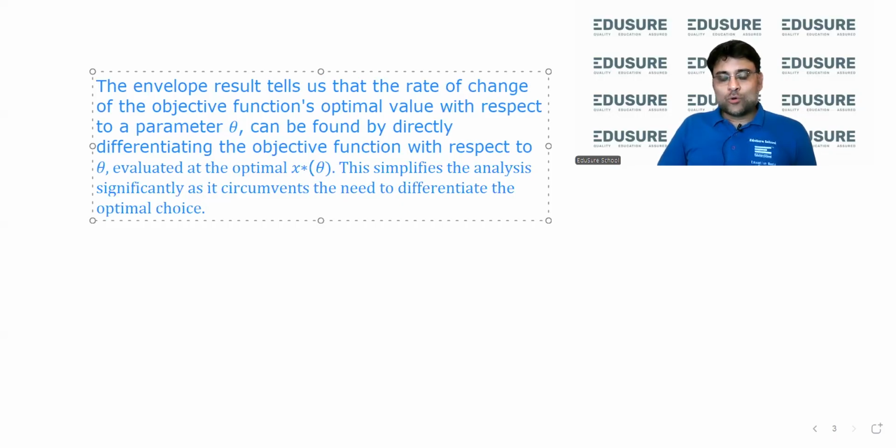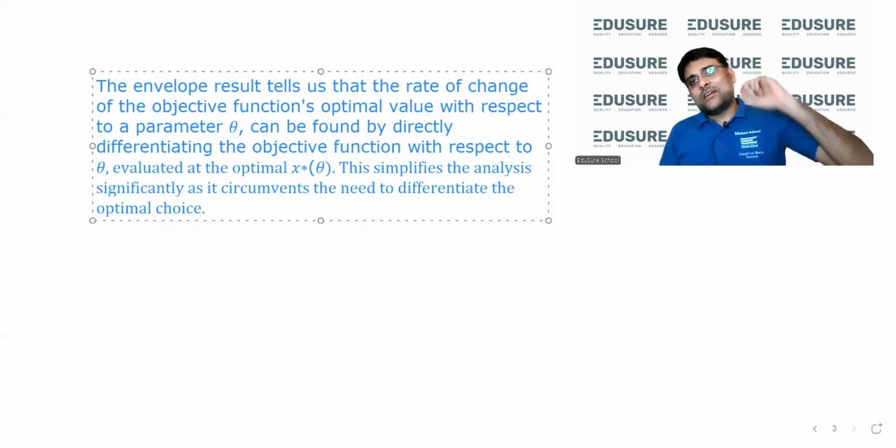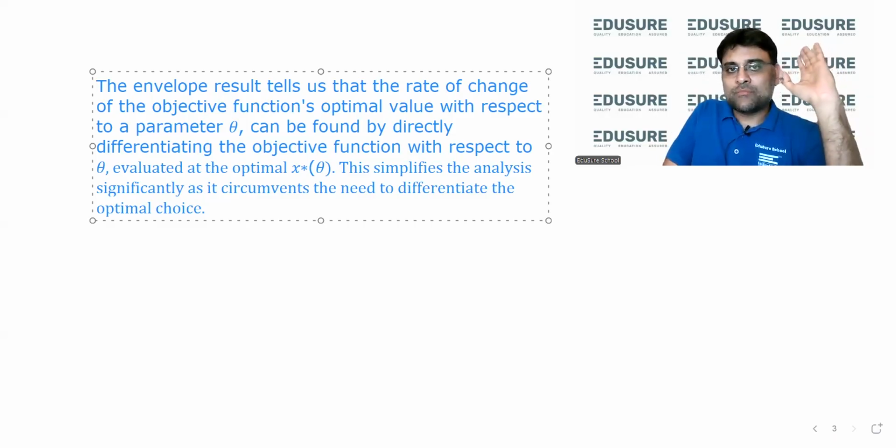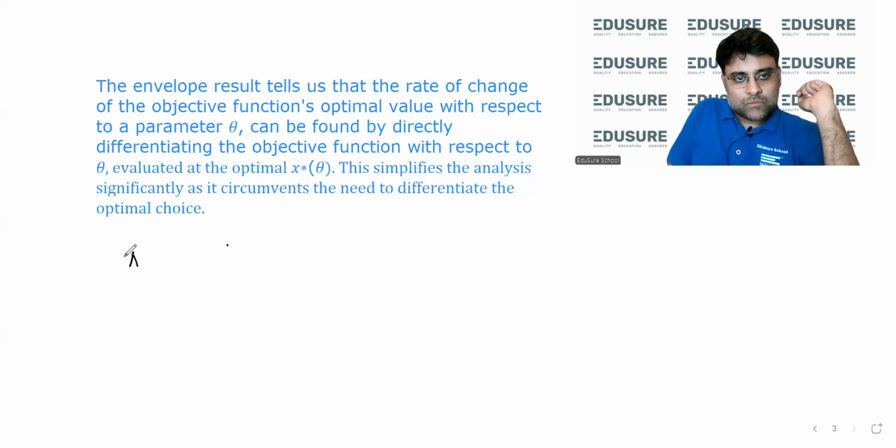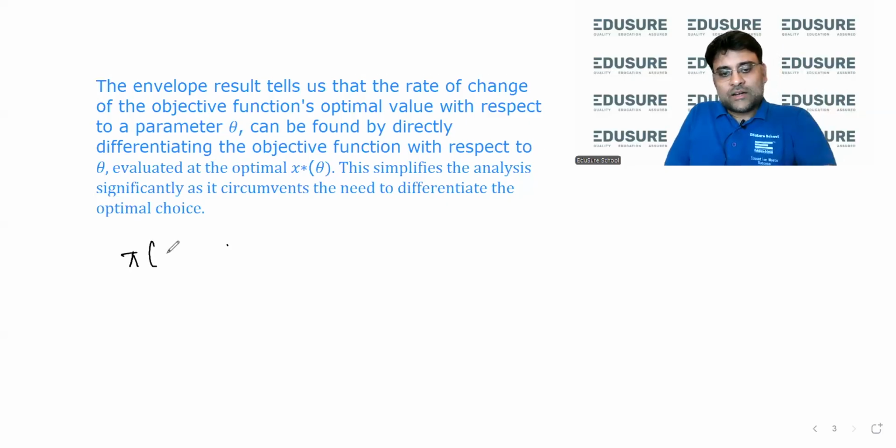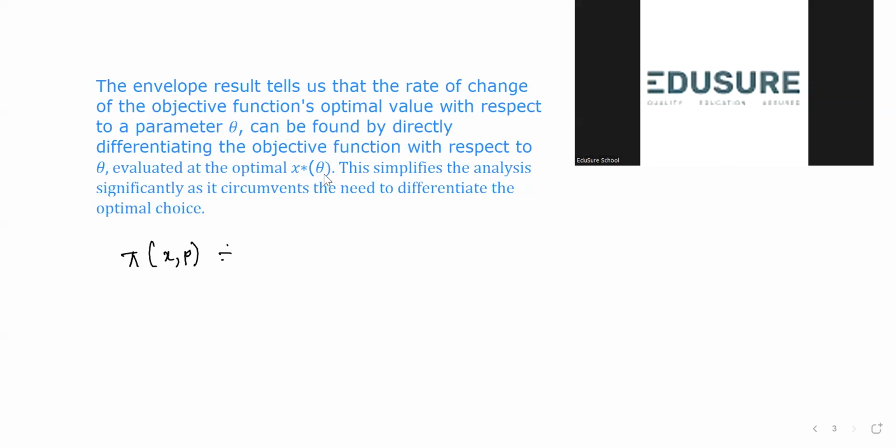Now, if I were to talk about an example, let's consider a simple economic example where a firm is trying to maximize its profit. So the profit is a function of x and p, that is the quantity and the price. This is equal to revenue minus the cost, obviously.